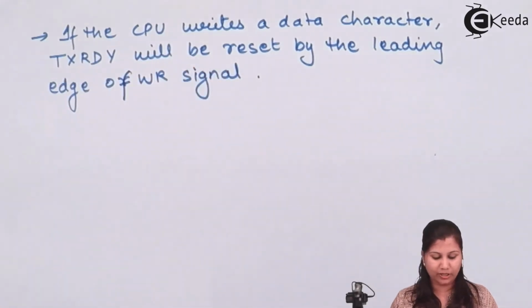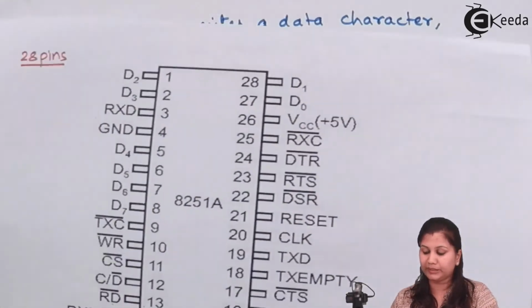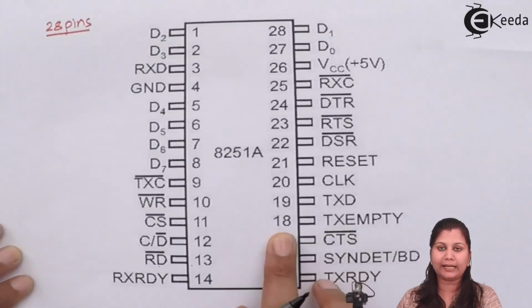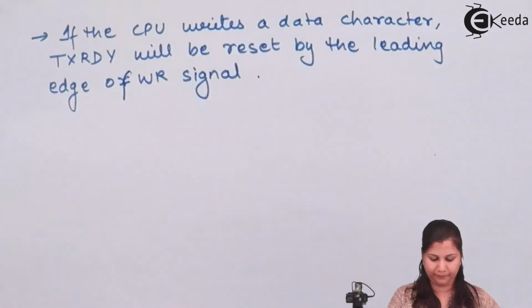So that was the transmitter ready signal. The third signal for the transmitter section is the transmitter empty, that is TX empty, which is available at pin number 18.